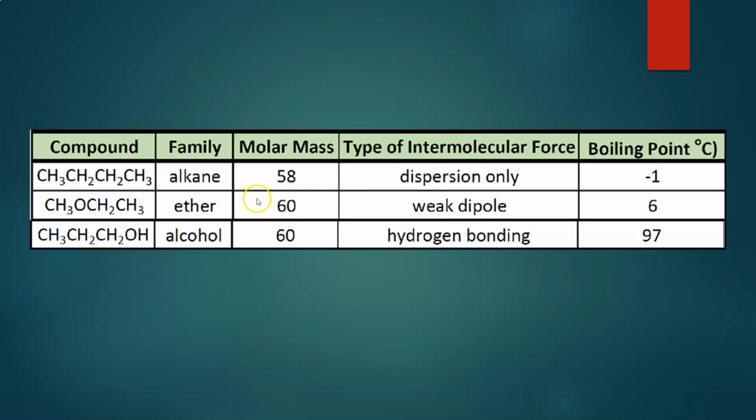As you can see, alkanes contain only dispersion forces intermolecular, while ether has weak dipole and alcohols present hydrogen bonding. The type of intermolecular force is the reason for the differences between the boiling points in the different compounds.